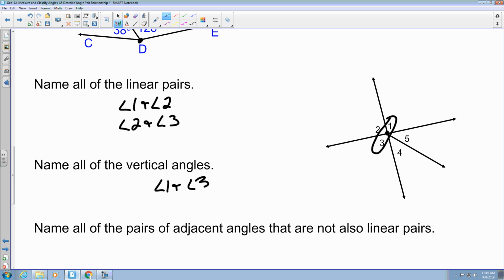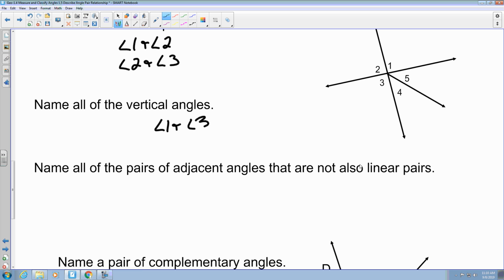There makes up opposite rays, and we can't use any of the other ones because we have this ray that's independent from everything else, and we can't get any measurements from that. So those are the only set of vertical angles.